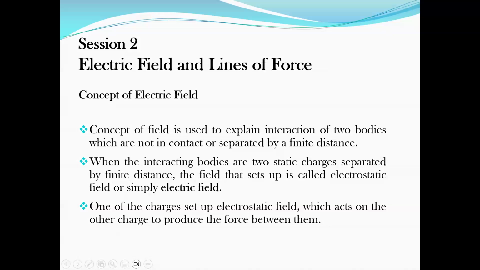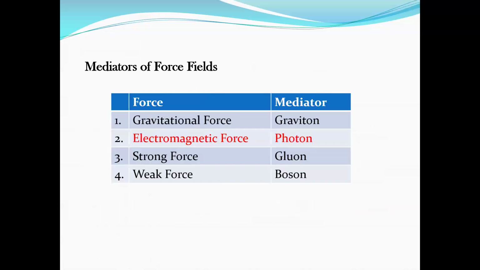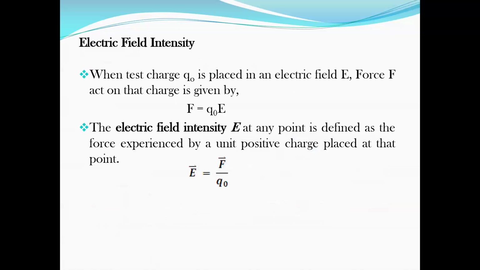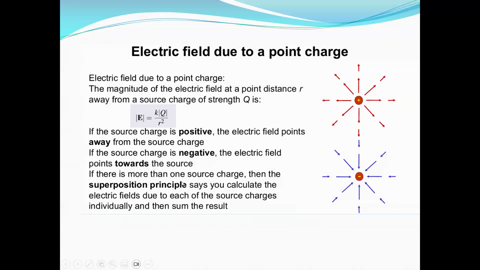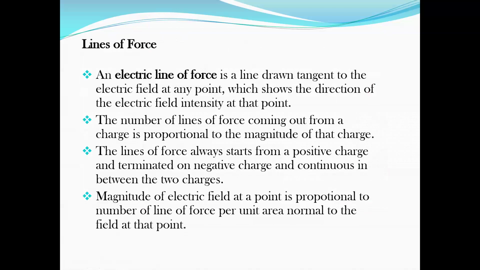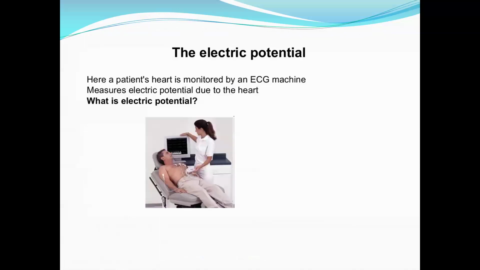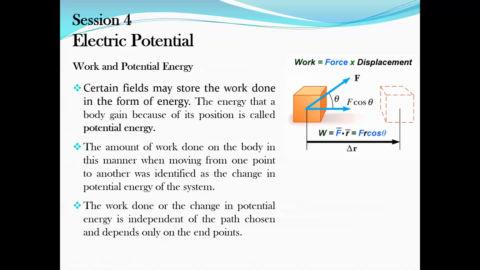We discuss this question. Electric field is F over Q0, and the other one is the electric field due to a point charge, kQ over r squared, and we can apply the superposition principle, right? And this we discuss the electric potential. The other one is the electric potential.